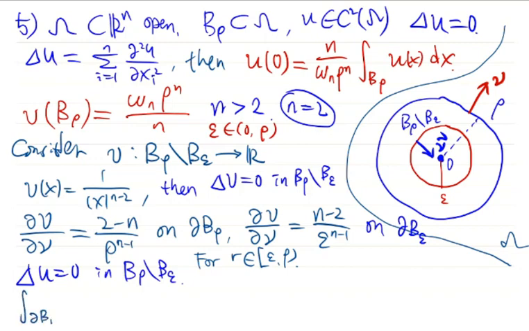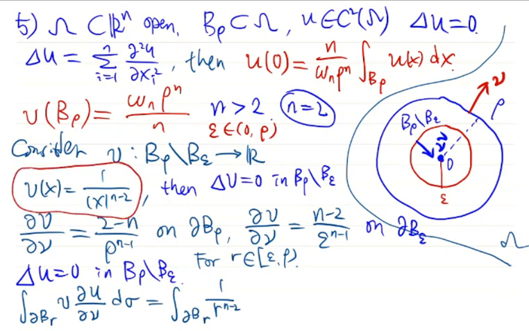On the boundary of this sphere, we multiply v by the directional derivative of u with respect to the outward normal vector of the ball. Here v is 1 over r to the n minus 2, because v(x) is 1 over the norm of x to the n minus 2, but on the sphere of radius r, the norm of x is r.